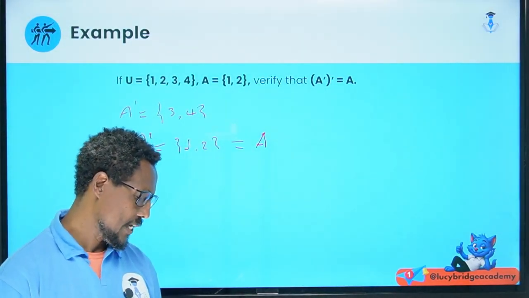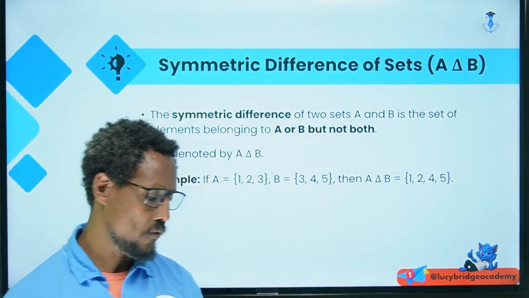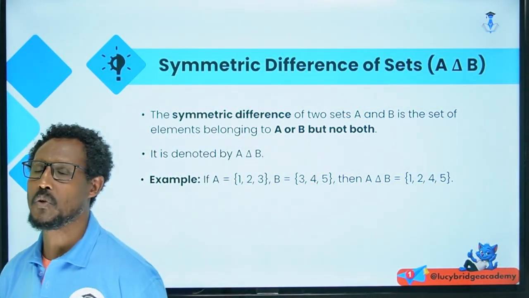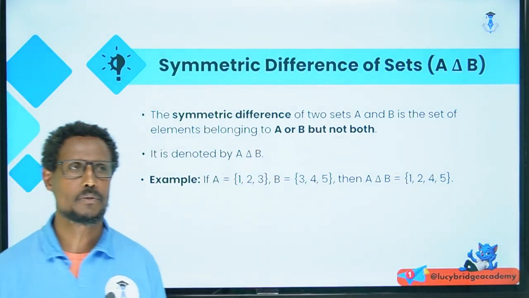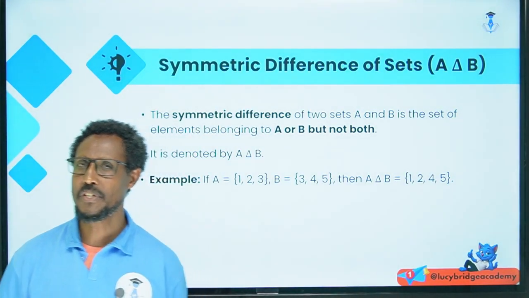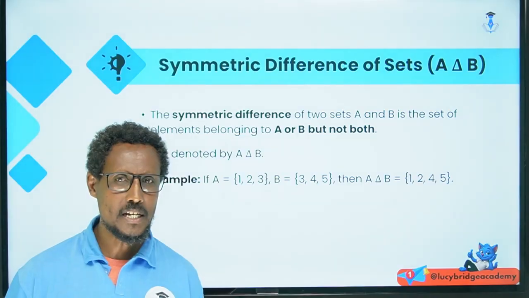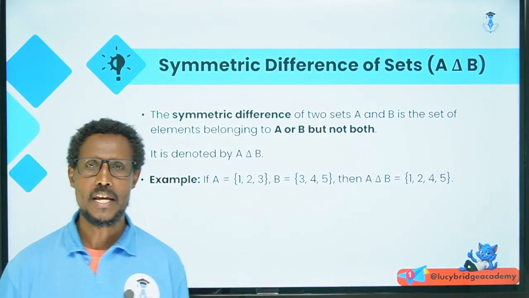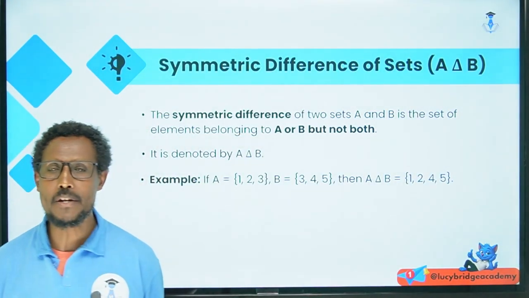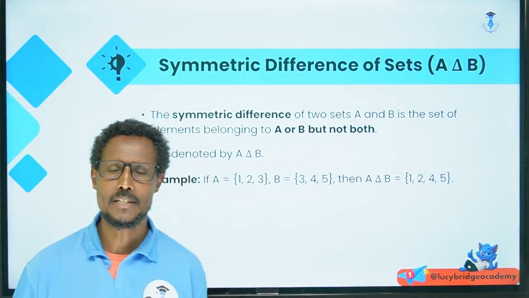Okay. Next, symmetric difference of sets. The symmetric difference of two sets A and B is the set of all elements in A or B, but not in both, right?